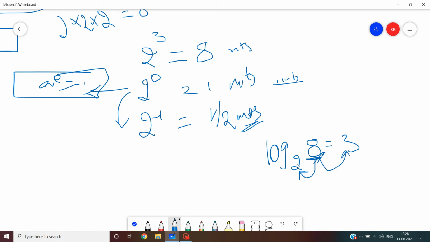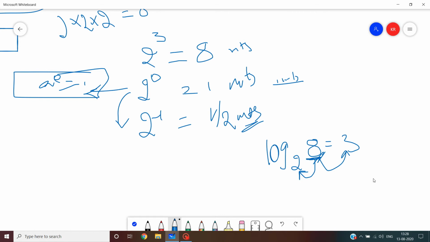I'm taking a plant which has reached 8 meters of height, and the plant has the capacity of doubling. After 1 year I will get 2, after 2 years 4, and after 3 years 8. So, doubling.